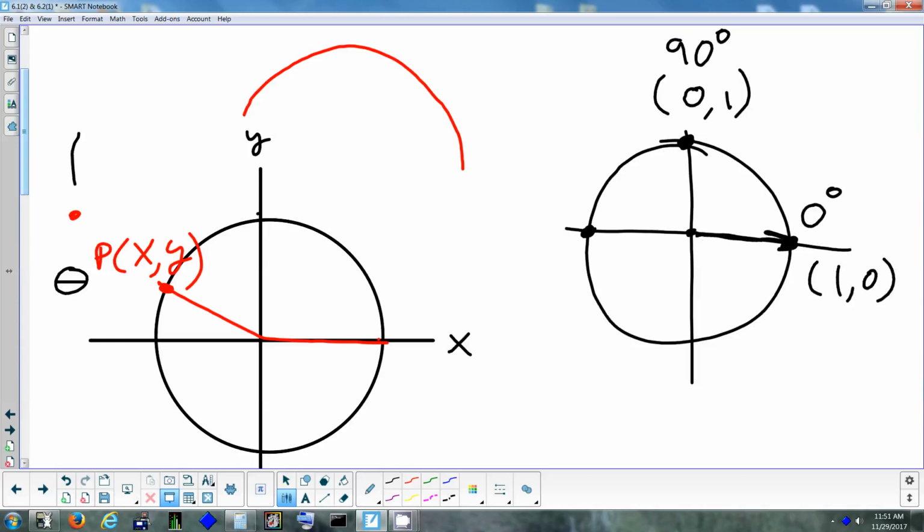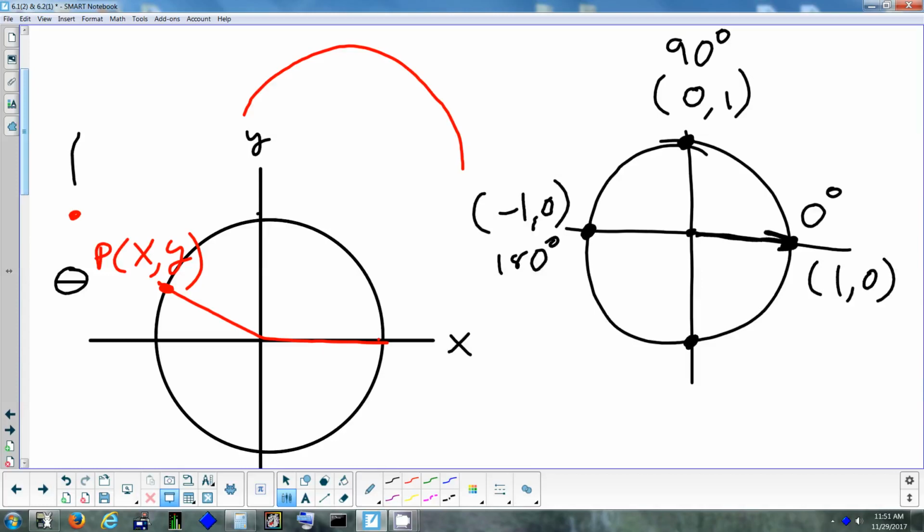How about if your terminal side was over there? What angle would that be? -1, 0. That's the coordinate, which is the important thing, but what's the angle? Oh. 180. And what about if your terminal side was down here?